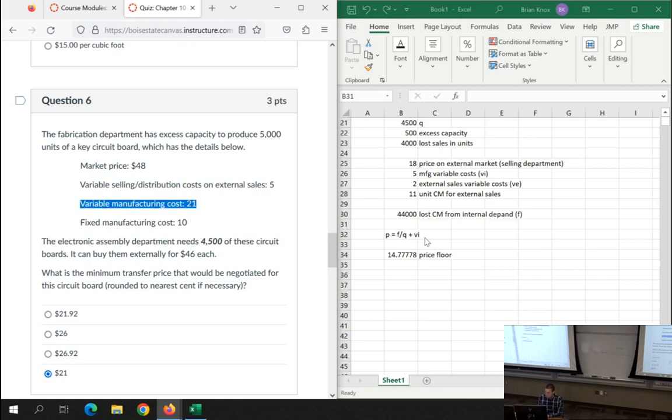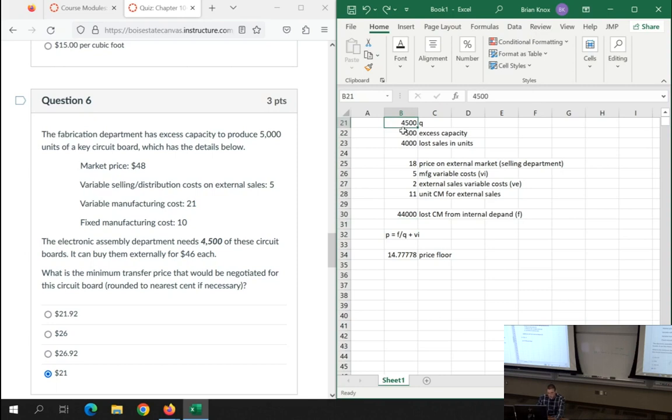Yep. I have a question. It says the buying department needs 20,500 units of this input, but the selling department only has excess capacity to produce 3,500. Would 3,500 be my Q and then the 20,000 be my excess capacity?